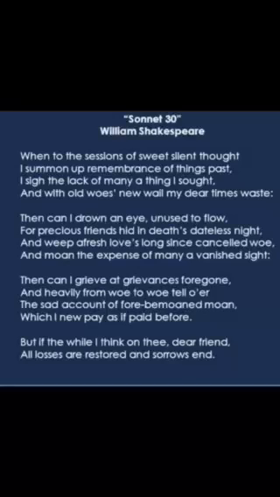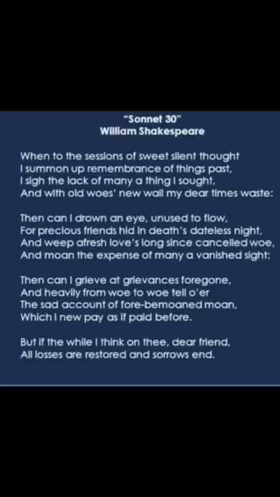So again the speaker is in despair, being nostalgic about all the losses and all the pains that he suffered, and he is complaining about those pains and those losses in the sonnet.